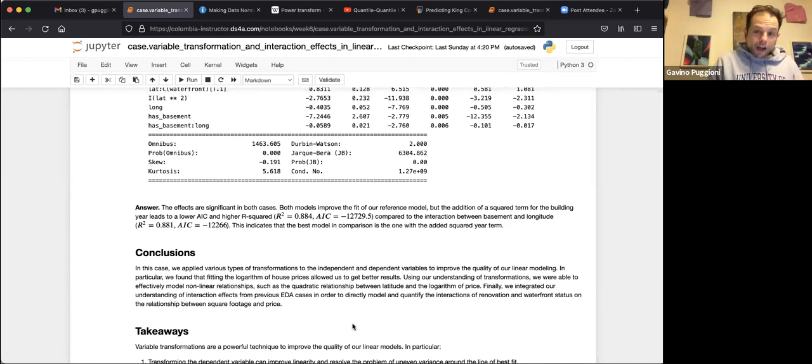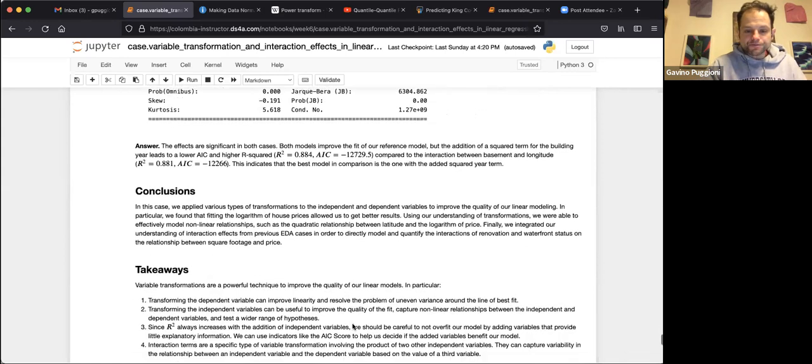And also, how do different variables interact with each other? So we integrated what we were observing in the exploratory data analysis, some of the scatter plots that we looked at, and also improved the relationship that these predictors describe with respect to price.